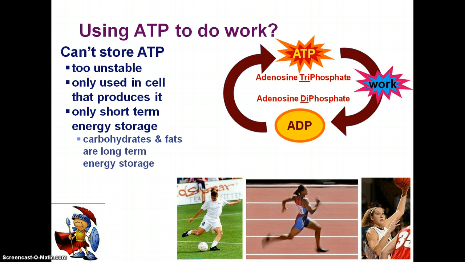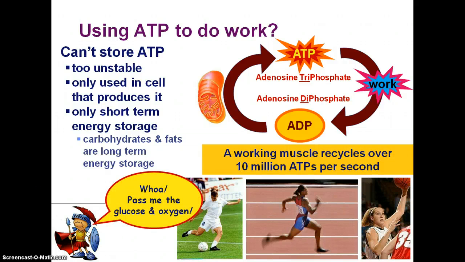And here's that whole process for you again. That ATP is used to do work. It forms ADP and phosphate, and then you recycle it all over. A working muscle recycles over 10 million ATPs per second. So that's a lot of glucose and oxygen.